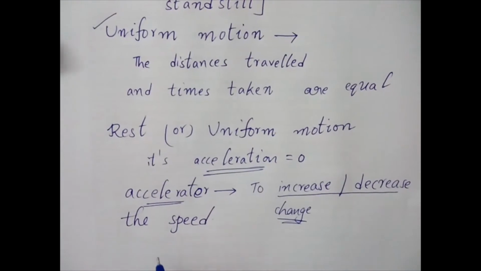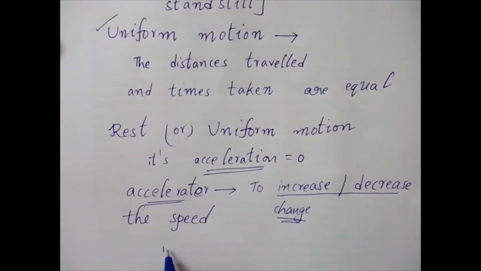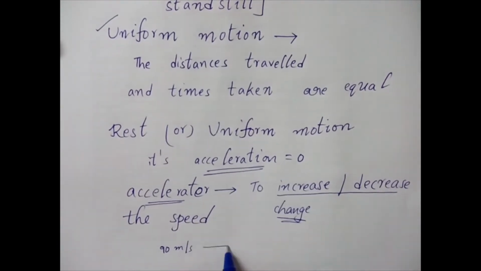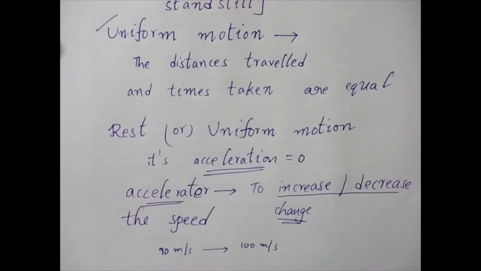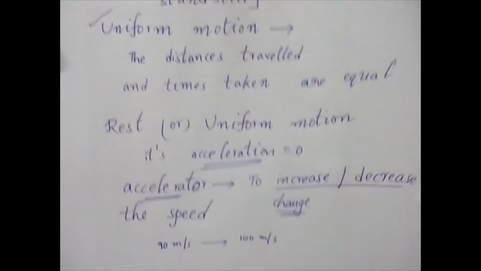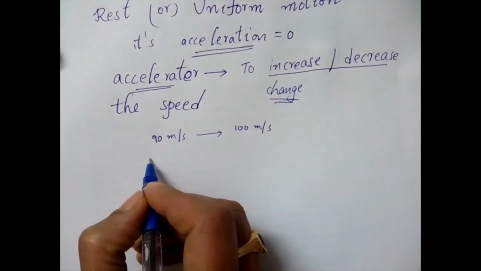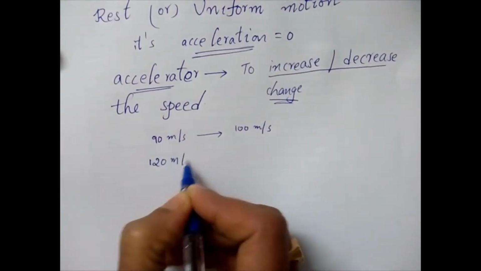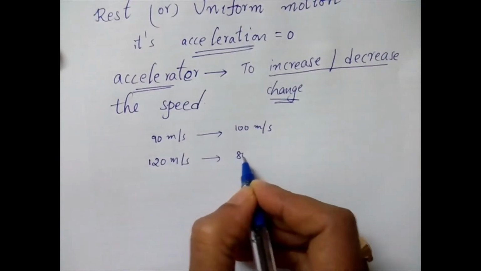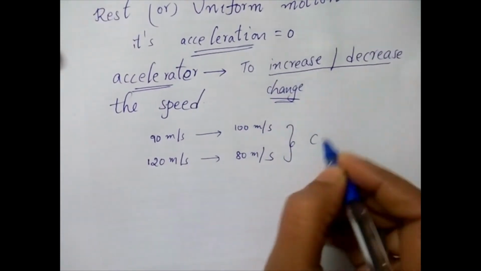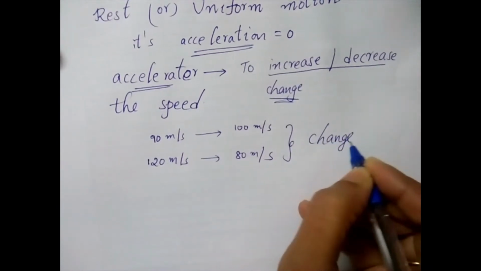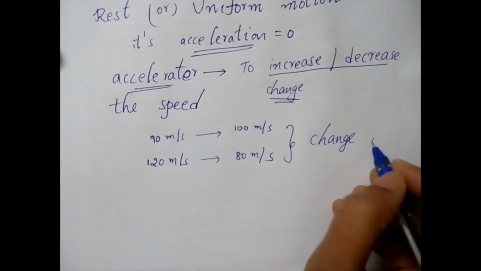If you are traveling with 90 meters per second and it is changed to 100 meters per second, or you are traveling at some 120 meters per second and you have decreased it to 80 meters per second, this is known as change in the speed or velocity.